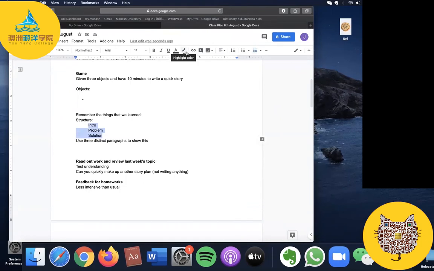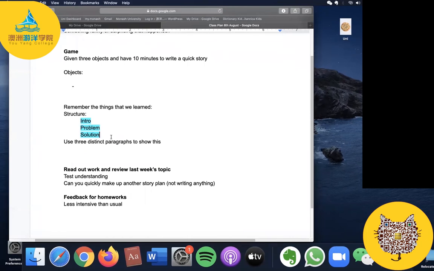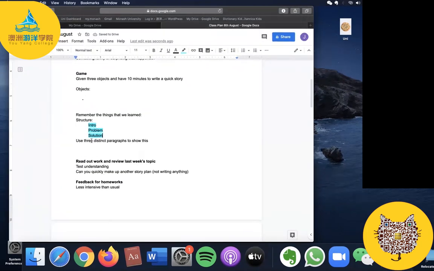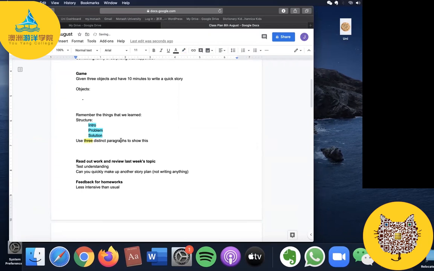Okay, now, again, just some pointers quickly. Look at this document here, on the left-hand side of the screen. I want you to divide your story into 3 paragraphs. The introduction: introduce the setting, introduce the characters.